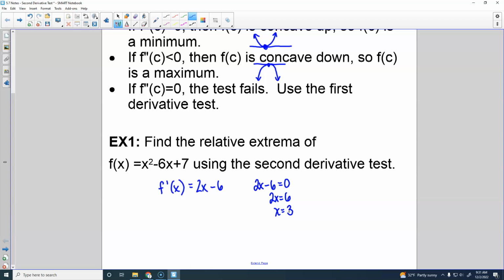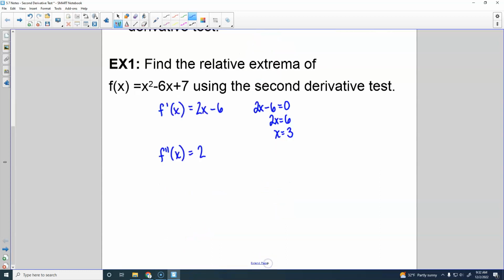Now, if we were using first derivative test, here's where we would make our line, put 3 on it, test positive and negative. But for second derivative test, we're going to take the second derivative, and that's just going to give us 2. And we would plug 3 into that, but for this particular problem, plugging 3 in is really just going to be 2 still, right?